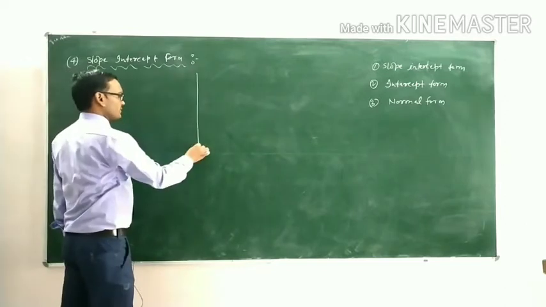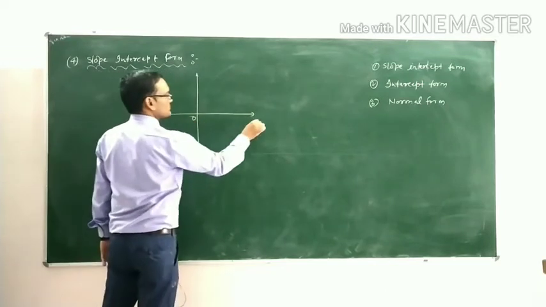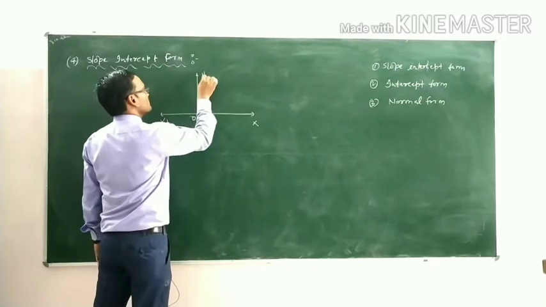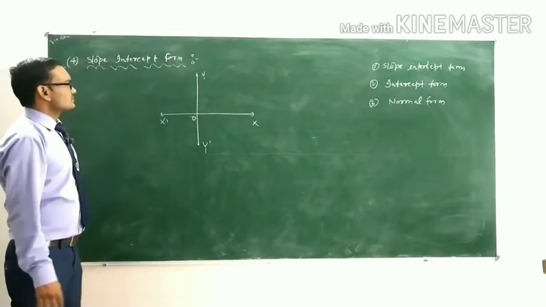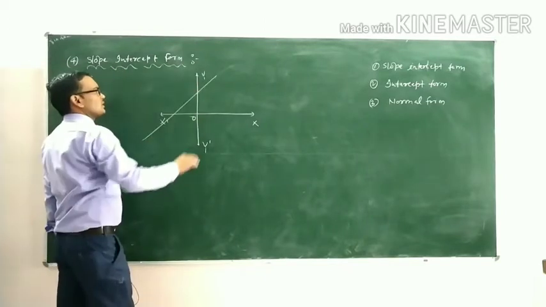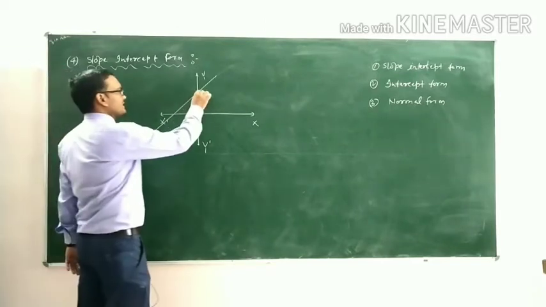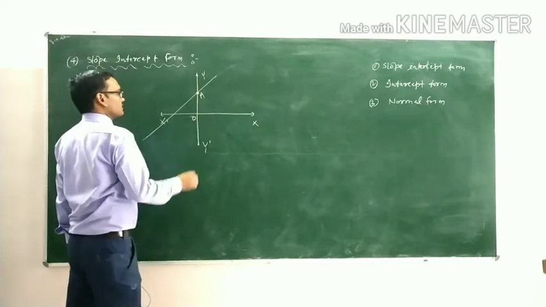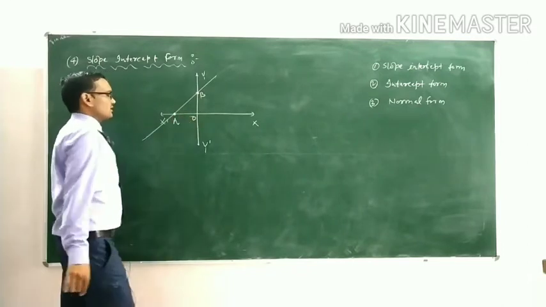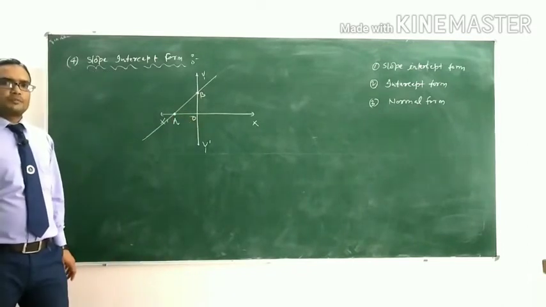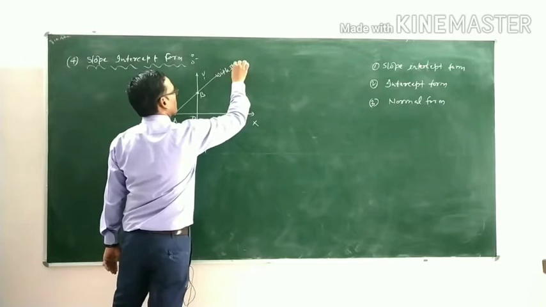In a Cartesian plane, a line cuts the y-axis at point B and cuts the x-axis at point A with a slope m.